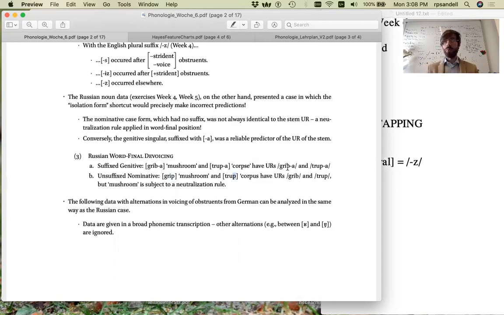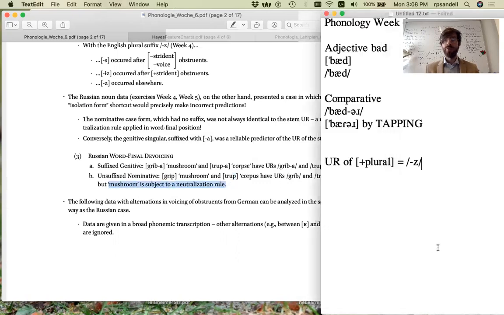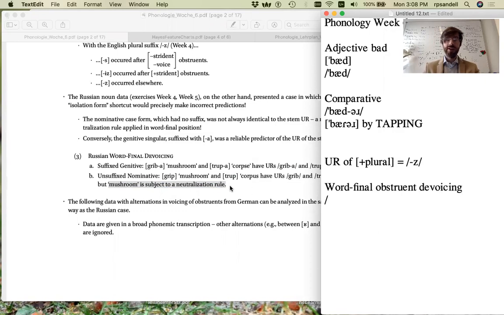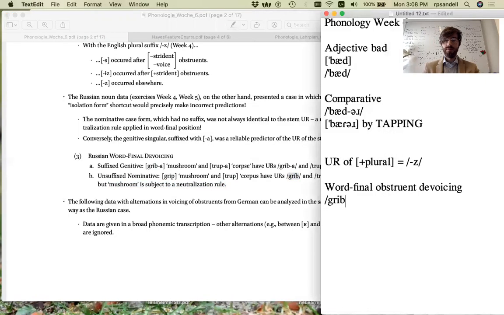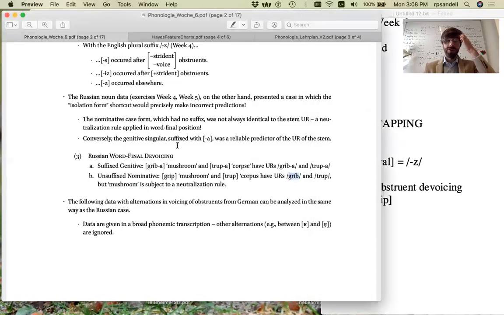But we want to assume that these morphemes, the stems meaning mushroom and corpse, consistently have the same underlying representations, and this neutralization rule of word final obstruent devoicing is responsible for the fact that in the nominative of the word for mushroom, we obtain a form with a voiceless pa word finally.